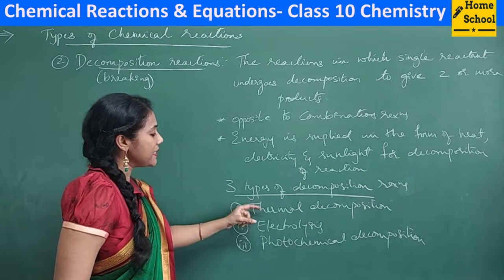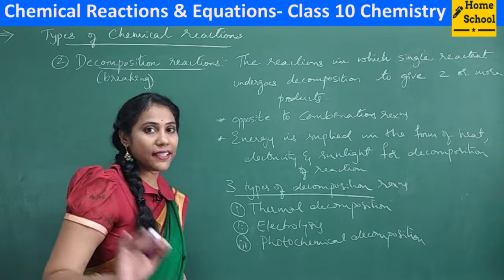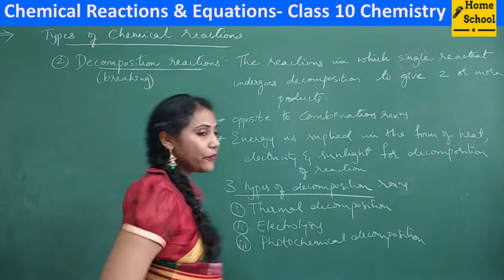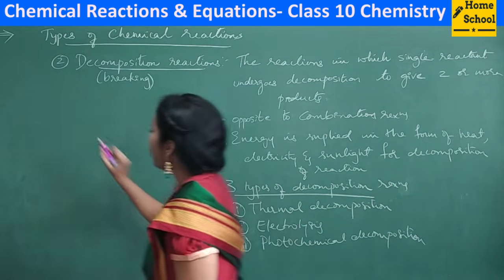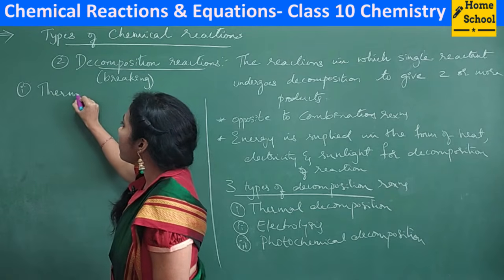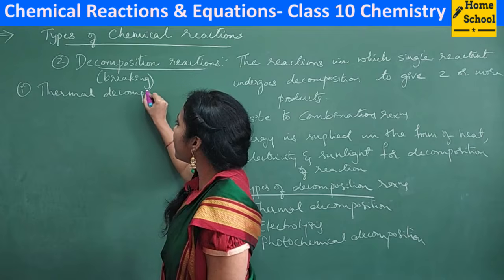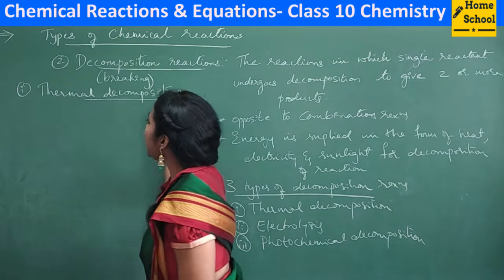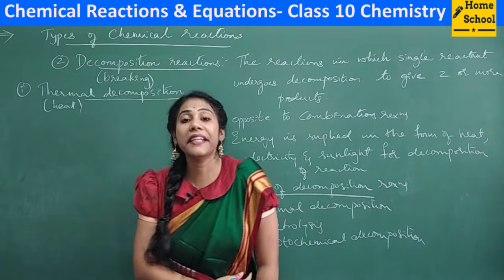Now let us understand all three different types one by one with certain examples. First, let me start with thermal decomposition reaction. So the first type, thermal. What do you mean by thermal? Can you tell me the meaning of the word thermal here? Thermal means heating.